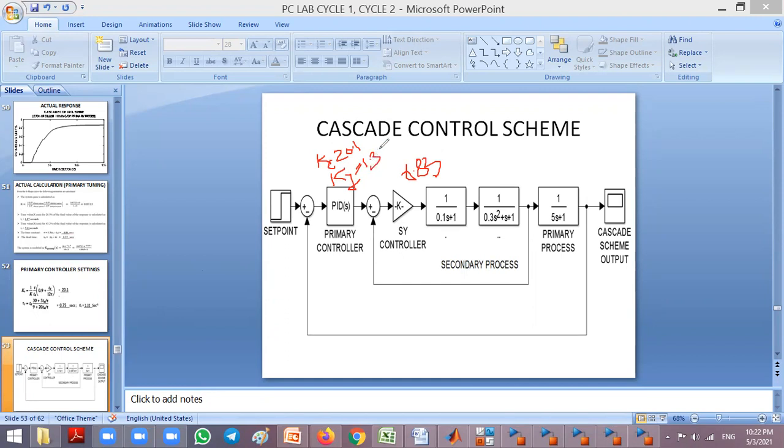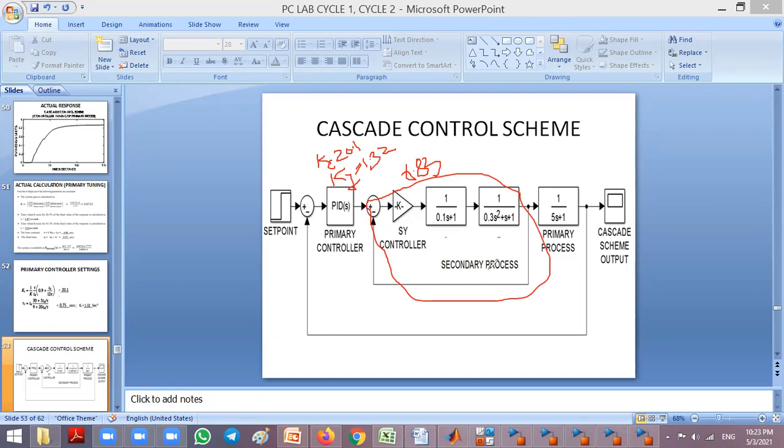See the structure of the cascade loop. It is similar to the one you have studied in your theory. There is a secondary loop, and you have a primary loop. The overall loop is the primary loop. The primary output is taken and given to the master PID controller. Here you have a set point, and the output of the primary controller is given to the secondary controller as set point.